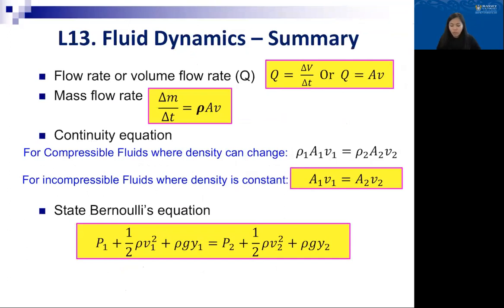We defined the flow rate, and then the continuity equation says whatever amount of fluid comes in one end should also exit the other end. And then we've seen that the pressure changes when the elevation changes and when the speed of the fluid changes. And Bernoulli's equation relates the new pressure to the old pressure.